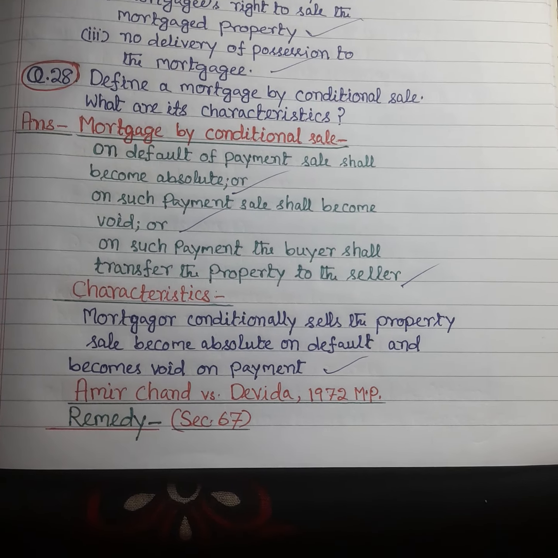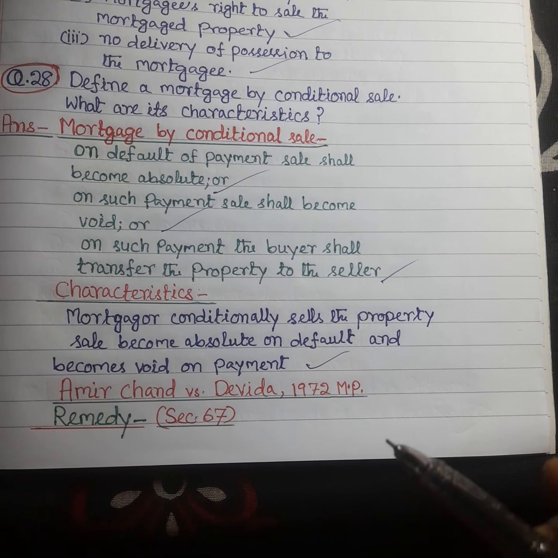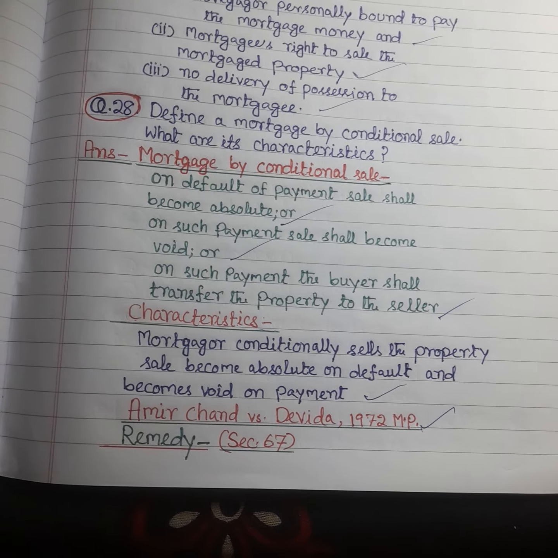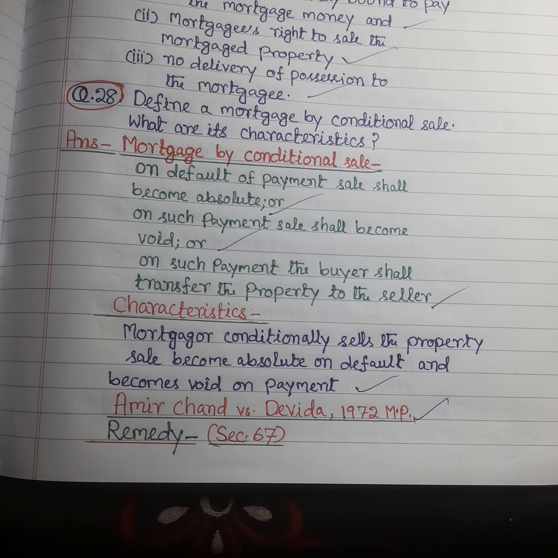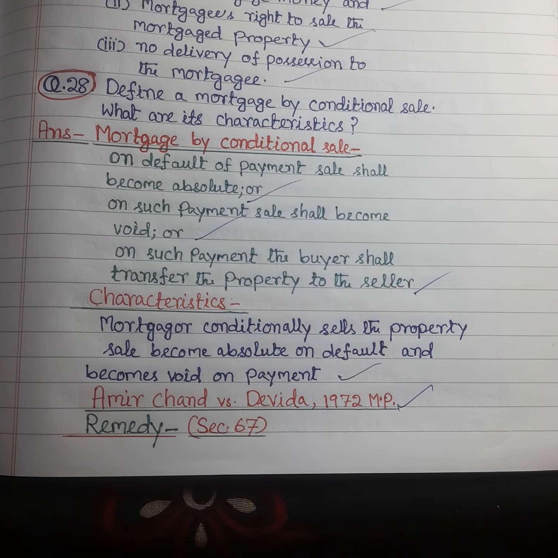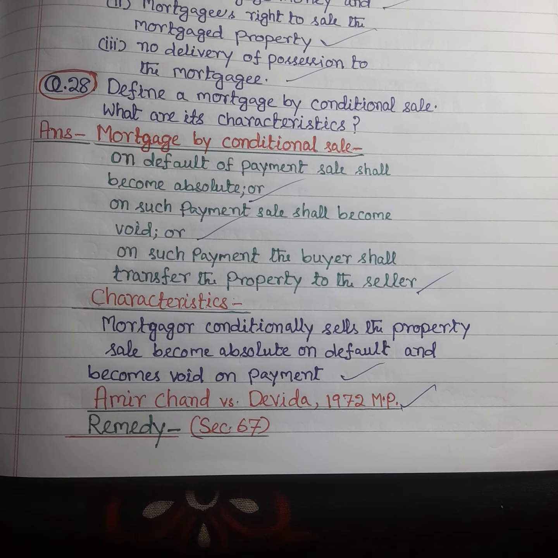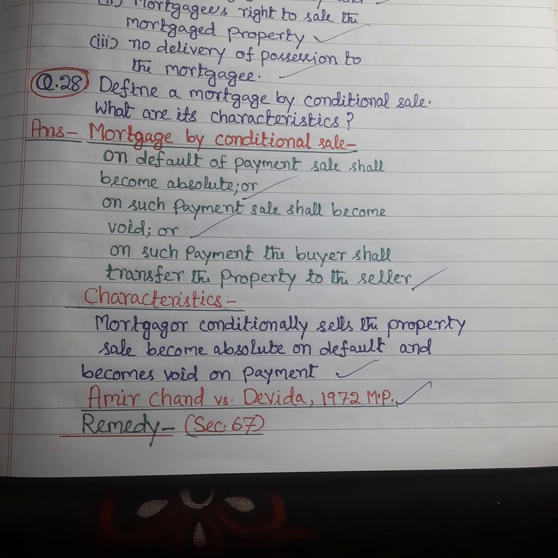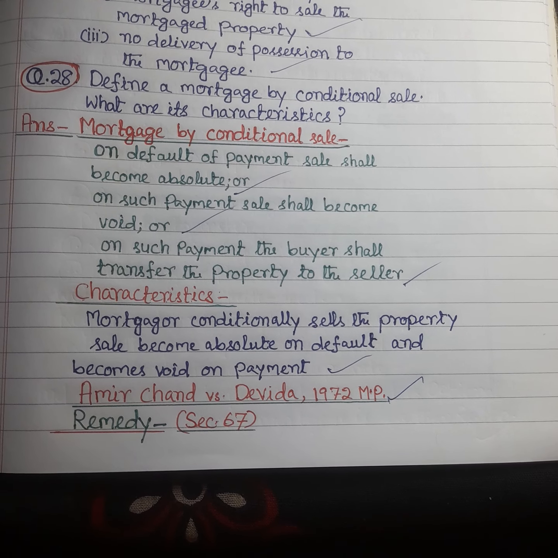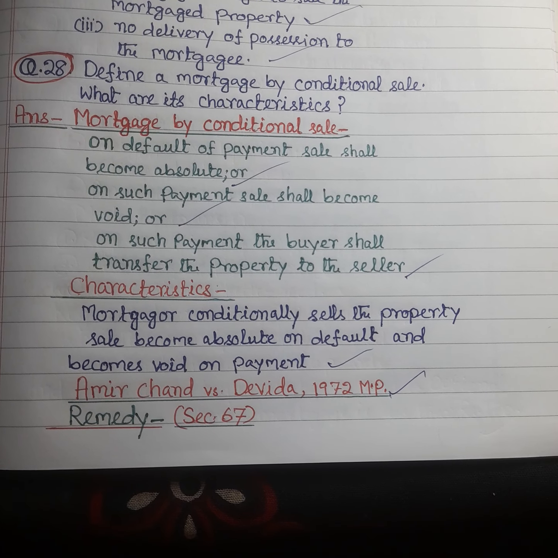So, in that connection, we'll discuss a very important leading case, Ram Chand versus Devidas, 1972. The Madhya Pradesh High Court expressed that if a sale and an agreement to repurchase are embodied in separate documents, the transaction cannot be a mortgage, even though the two documents may be contemporaneously executed, but the converse is not true.